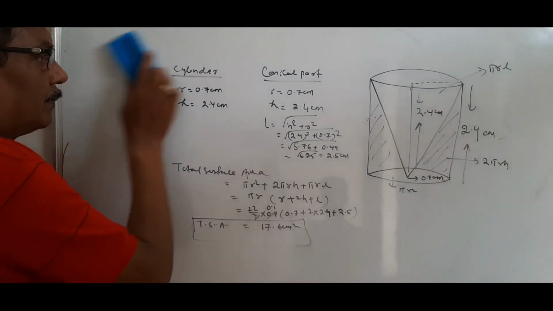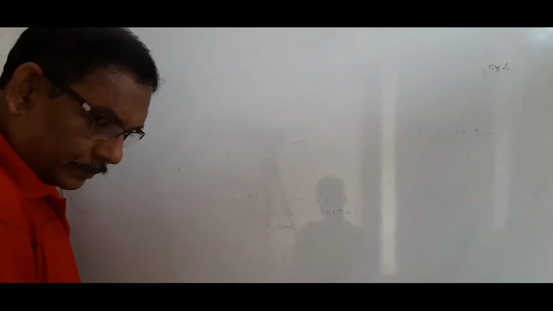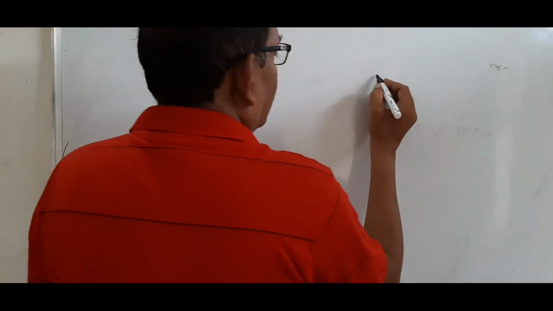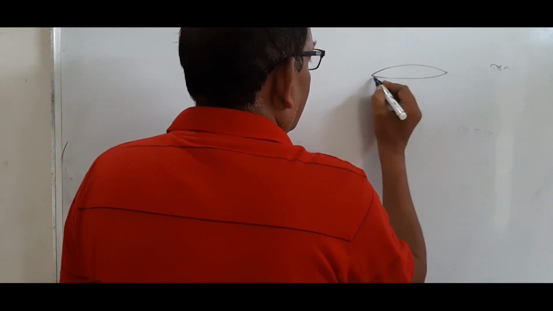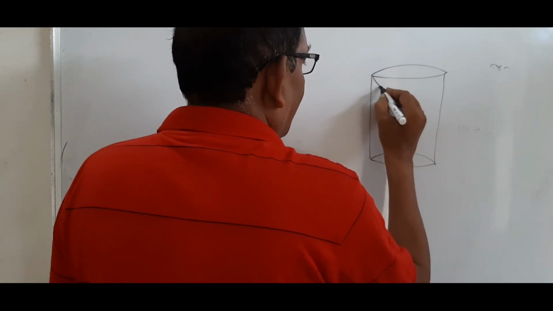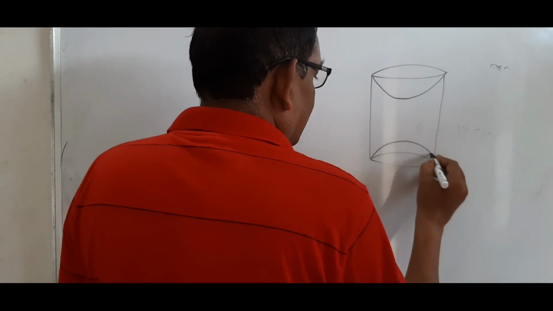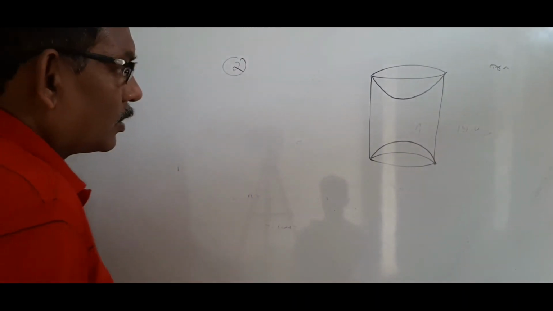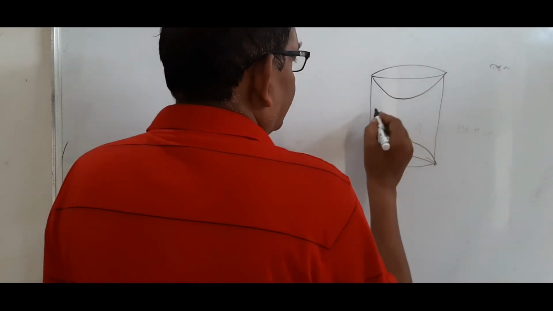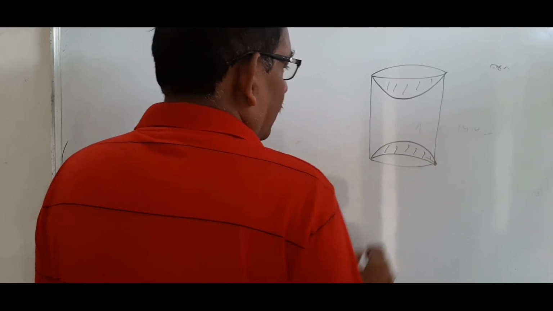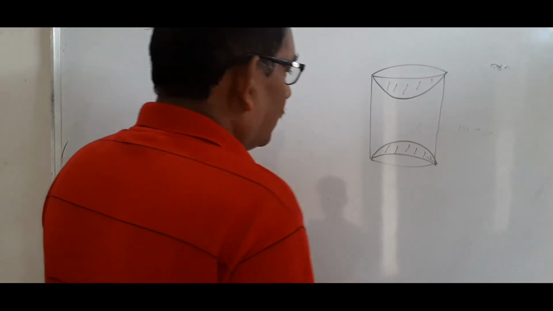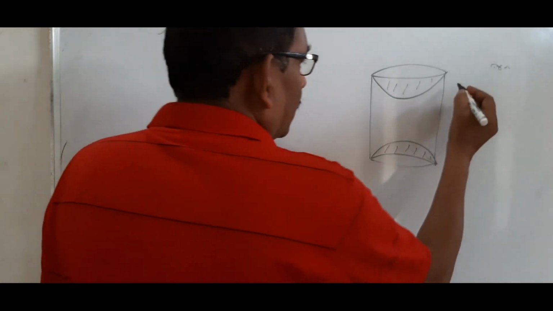Now take another example of combining solids. A cylinder with two hemispherical shapes scooped inside the cylinder at both ends. Here we find the total surface area of this combined body.